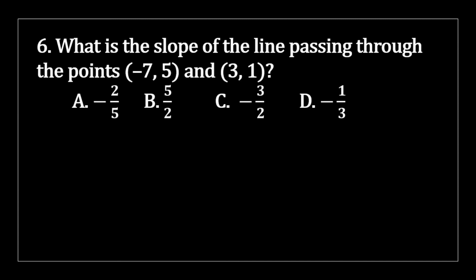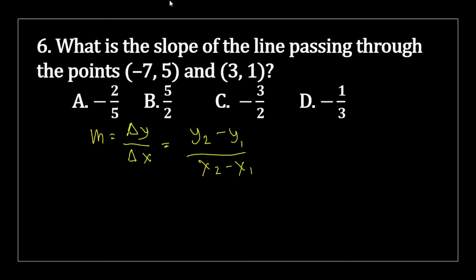Number 6. What is the slope of the line passing through the points (-7, 5) and (3, 1)? To do it, let's use the formula for slope. The formula for slope is change in y over change in x, or as we know it, y sub 2 minus y sub 1 over x sub 2 minus x sub 1.